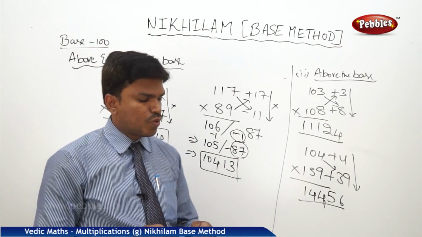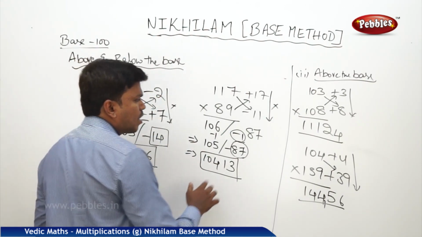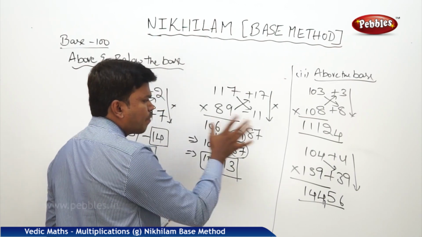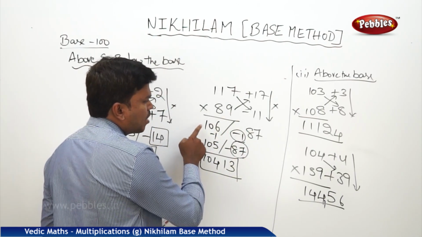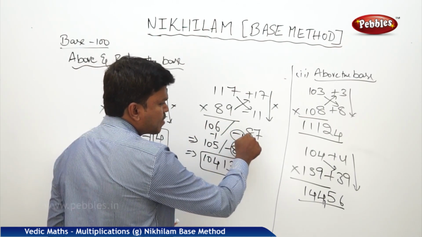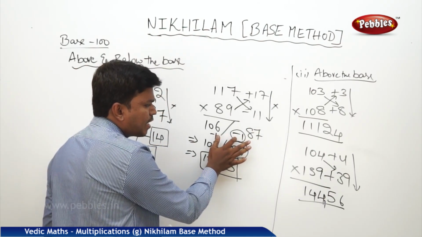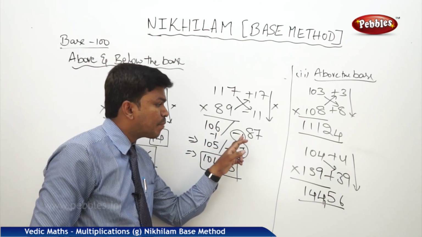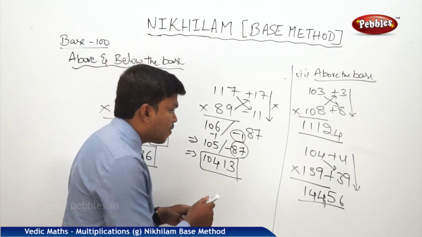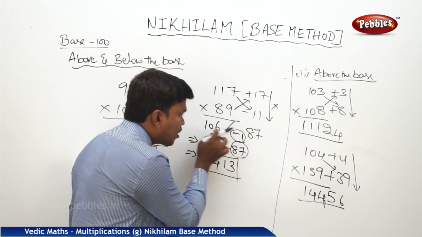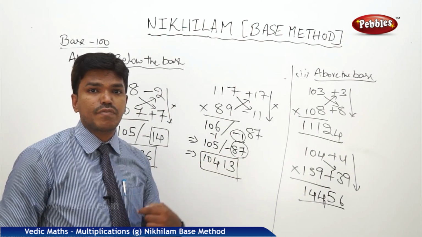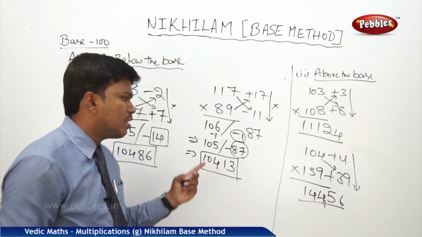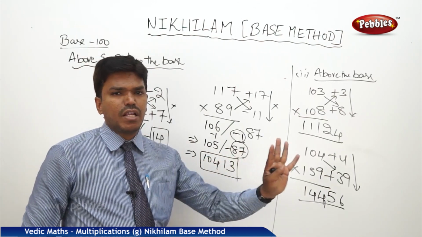I am going to explain this one more time. First of all, there is a negative carry, minus 1. How to balance this one? 106 minus 187. Since there is a negative carry, first you need to subtract 1, the one for which we got the negative carry, from this number. 106 minus 1 is how much? 105. So right here, minus 87 will be like that only.